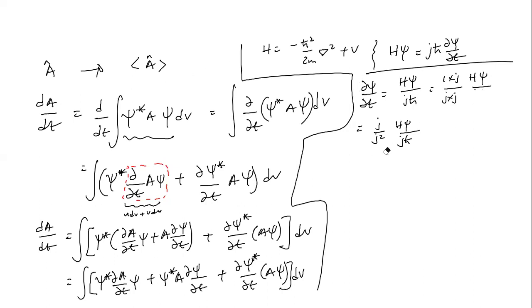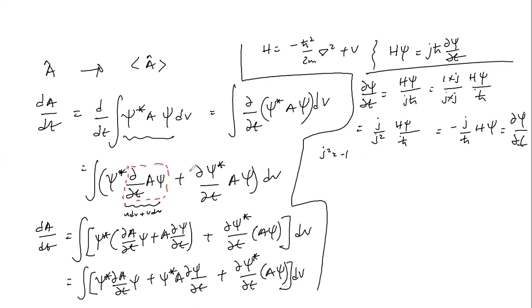Sorry, h cross. The j is no more there. We already rationalized here. So that's h cross, which is now going to give us negative, because j squared is the same as -1. So that's going to give us negative j over h cross H psi, okay? Which is the same as d psi/dt.